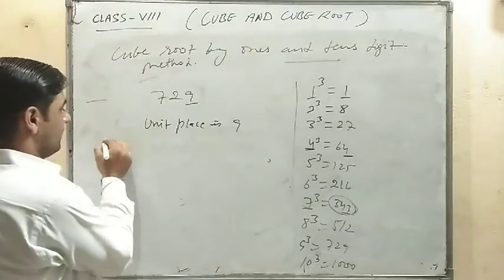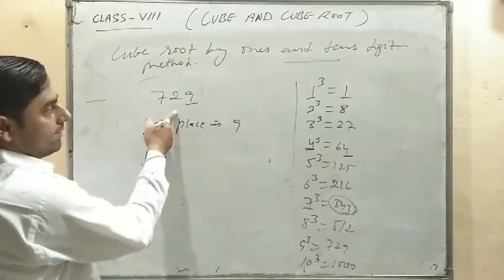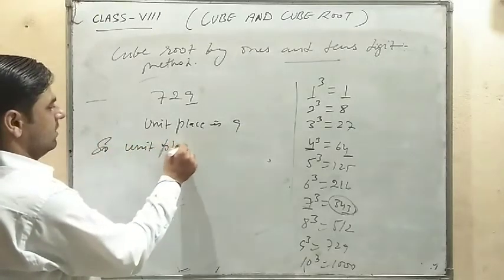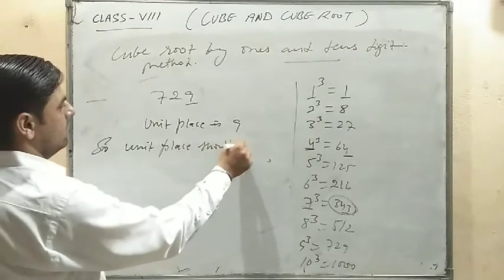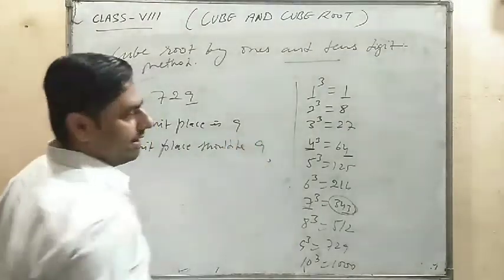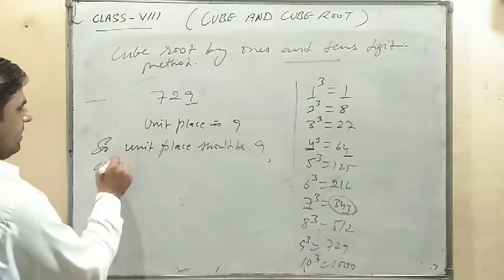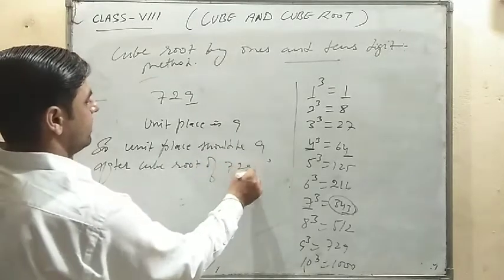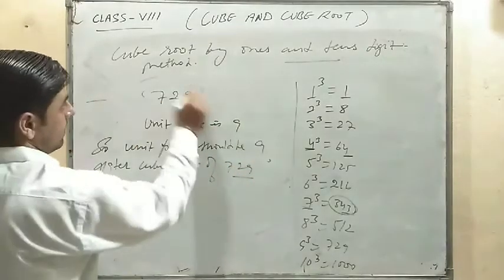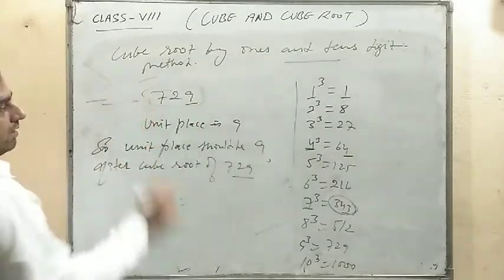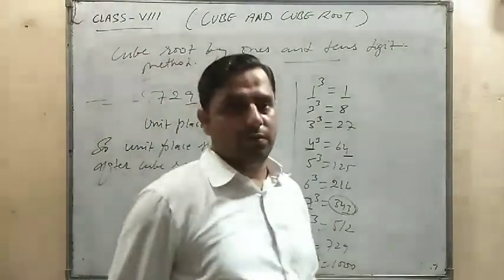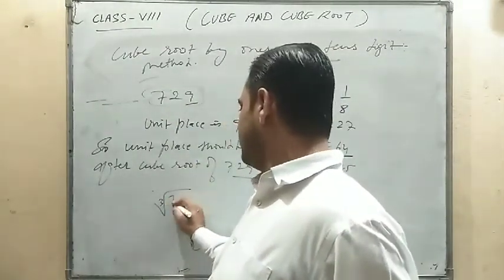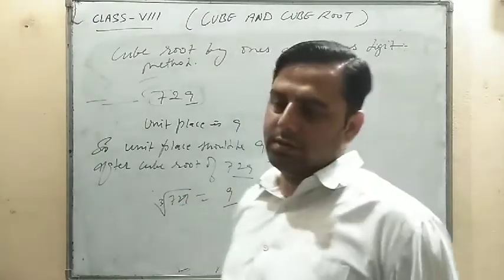So the unit place of the cube root of 729 should be 9. Now we strike out 3 digits, so no number will remain, so we stop here. So the cube root of 729 is equal to 9.